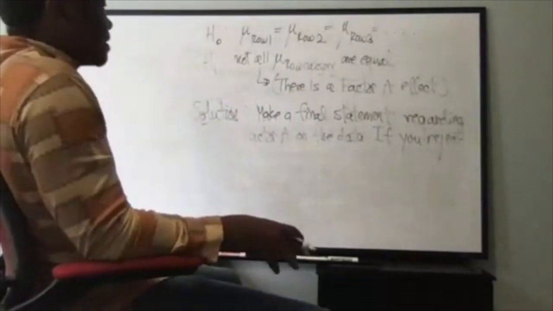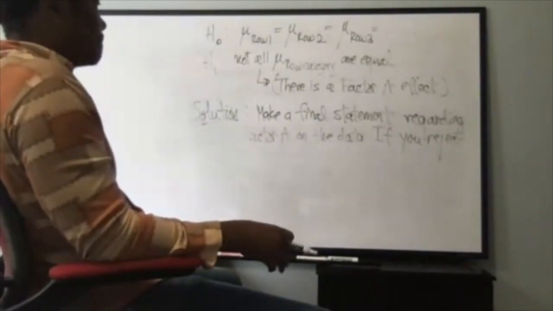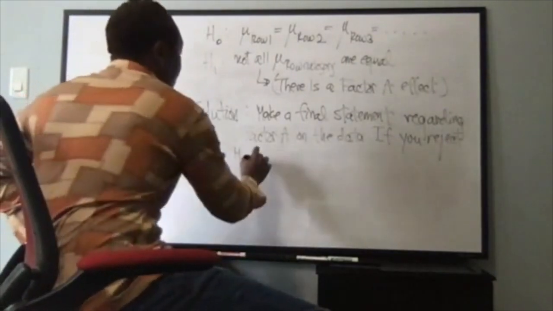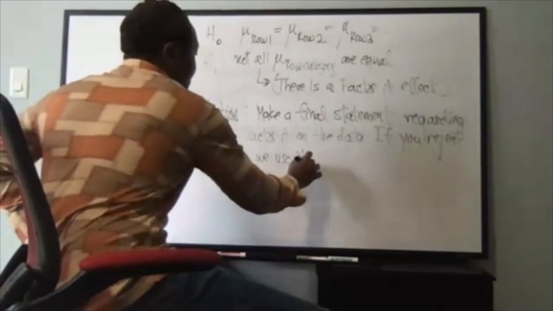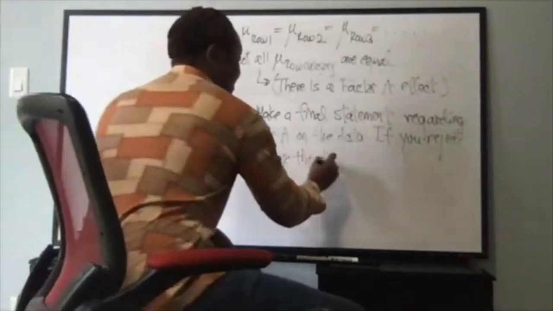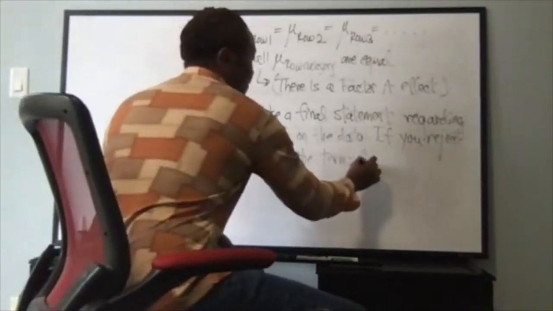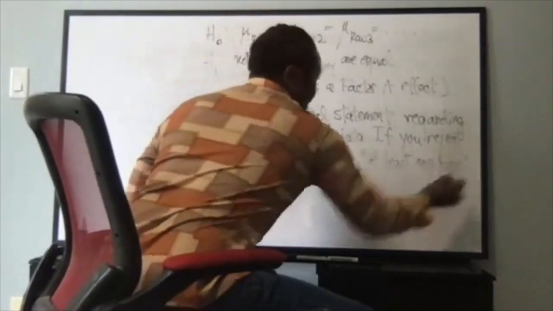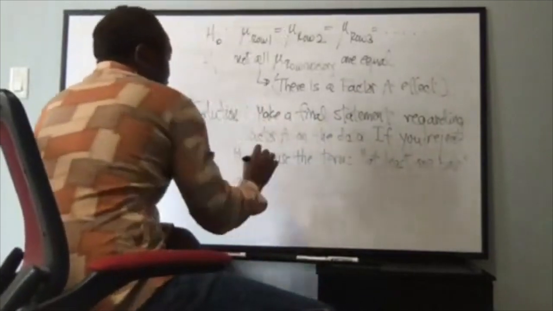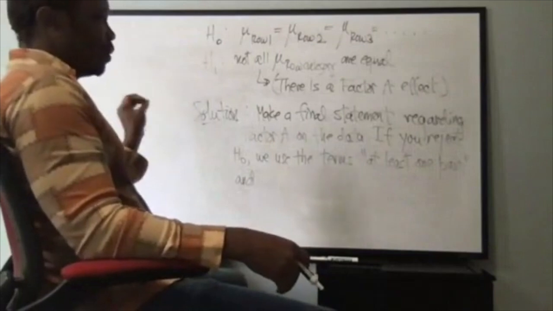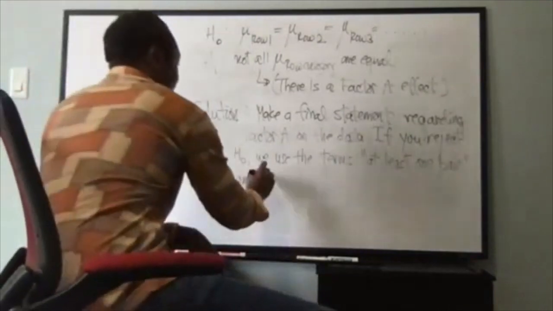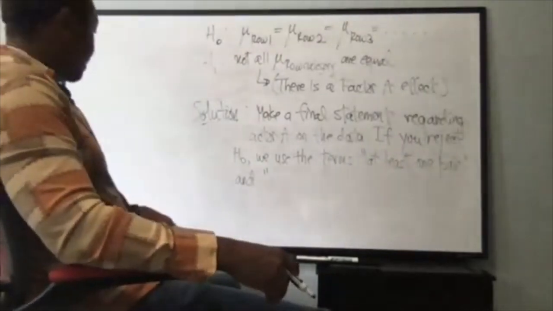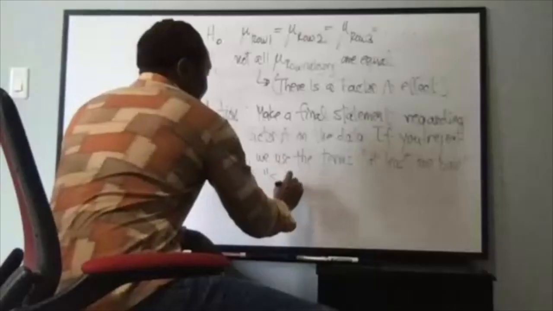So this says make a final statement regarding factor A on the data. If you reject H sub 0, we use the terms, and you already know this, at least one pair, and I don't know, you tell me. When you reject, we need to use the term at least one pair, and what other word do we normally use when we reject? Yes, significant. Very good, very good, very good.